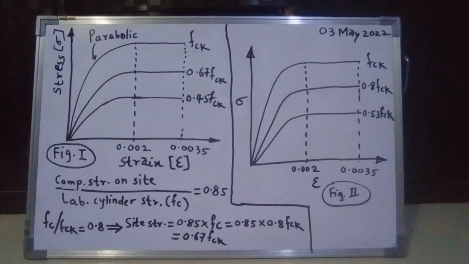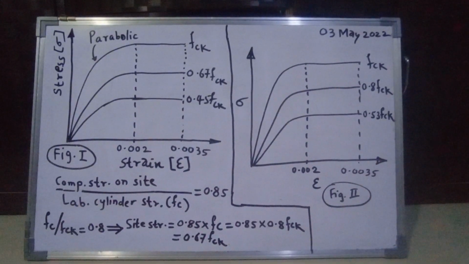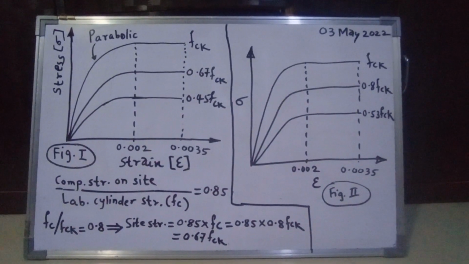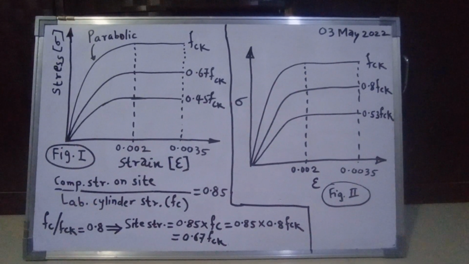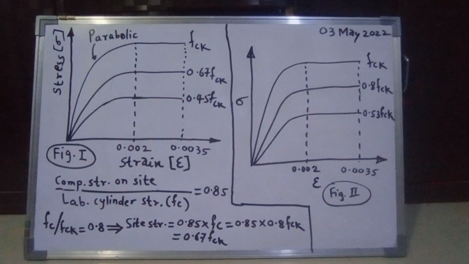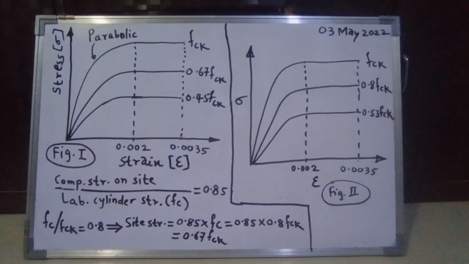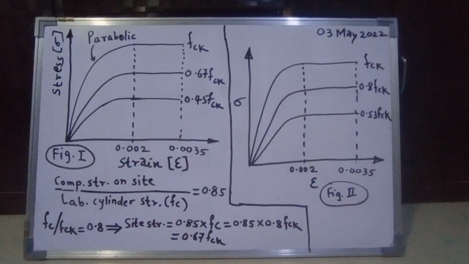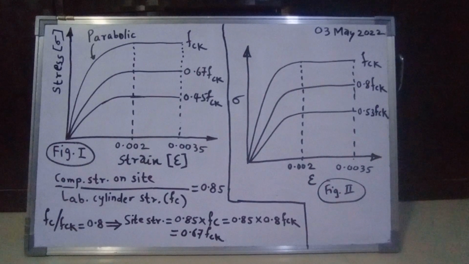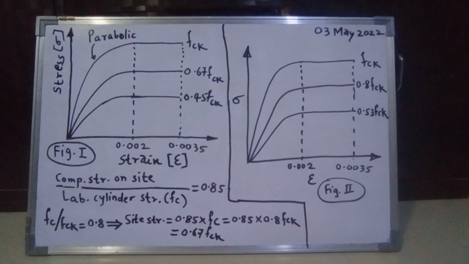So if we look at the bottommost curve of figure number 1 on the left, it is 0.45 FCK. That means though the characteristic compressive strength of cube after 28 days curing is FCK, we only utilize 45% of that FCK. That means 55% strength is unutilized because of the reasons which I explained just now.